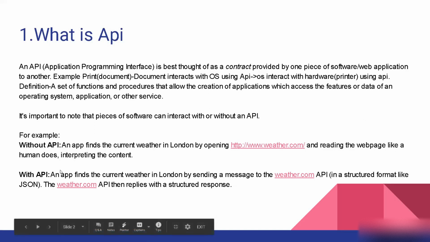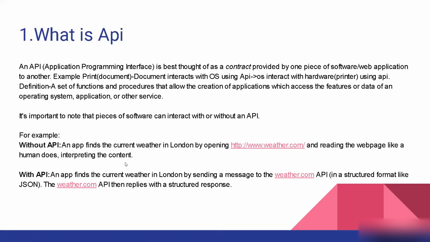Some other example: this is an API on weather.com, right? Whenever you get weather information, that comes through APIs. The second reason why APIs were needed is mobile apps. You have everything on the website, but in your mobile you have to connect with this website, right?